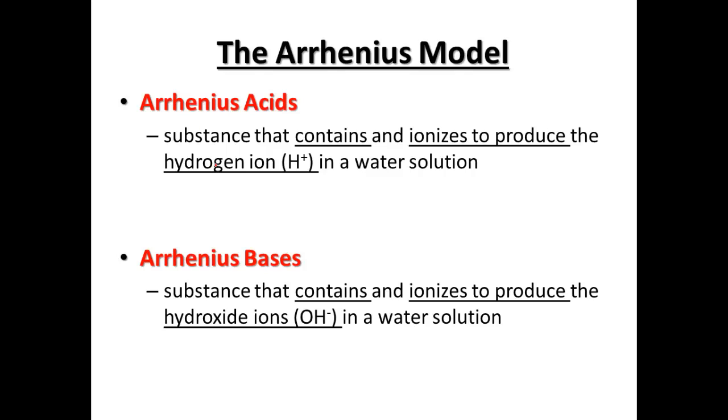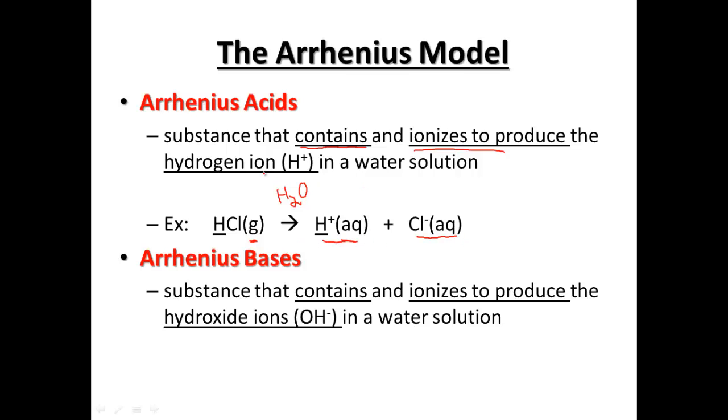Now the Arrhenius model: acids are substances that contain hydrogen and ionize to produce H plus ions in water solution. An example would be hydrochloric acid, HCl, which is actually a gas to begin with. If we put it in water, H2O, the HCl would separate into hydrogen positive aqueous ions and negative chloride ions.